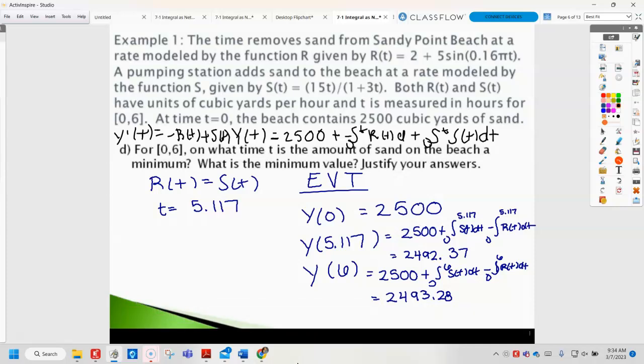And then it says at what time t is the amount of sand on the beach a min, what is the min value, and then justify. So my minimum is at y of 5.117 because there's 2,492.37 cubic yards of sand, which is smaller than both 2,500 and 2,493.28. Does that make sense?